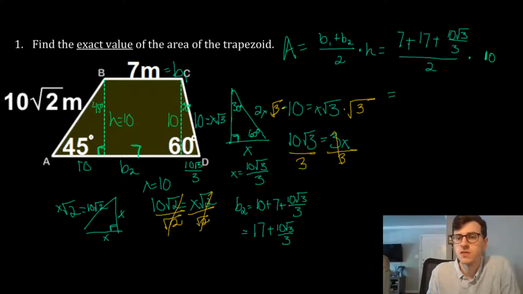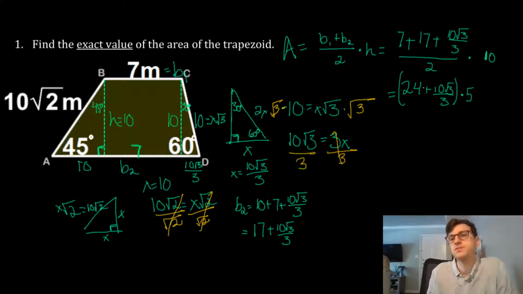Simplify here: 7 plus 17 is 24, plus 10 root 3 divided by 3. And then we're dividing this whole thing by 2, and then multiplying the whole thing by 10. So that's the same as if we multiplied this whole piece by 5. Right? 2 and 10 simplifies to 5.